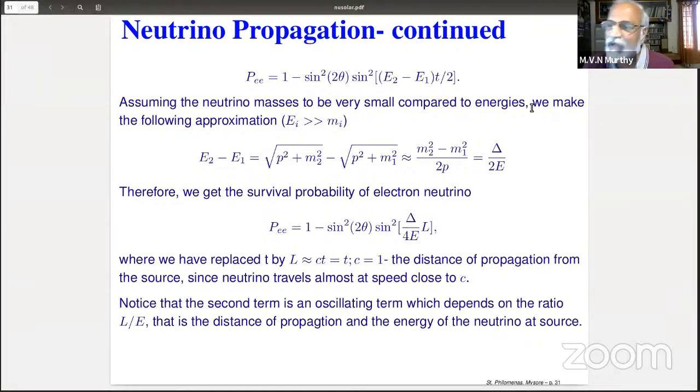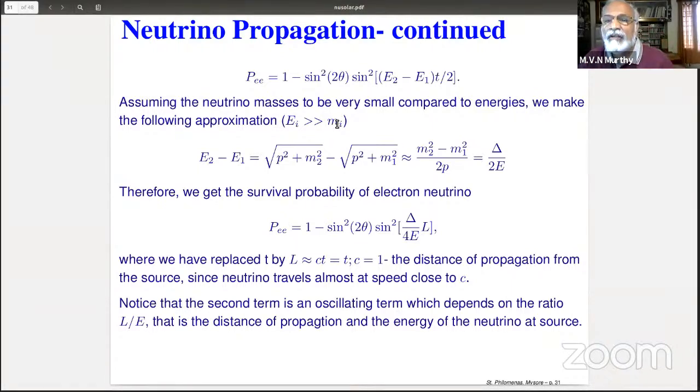In the case of solar neutrinos, we are looking at millions of electron volts as the energy. And in the case of atmospheric neutrinos, the energies are even more. It is 1,000 million or a GeV or more. So the energies that we are looking at of neutrinos is far greater than whatever that non-zero mass could be, which we don't know, but we know that it is very small.